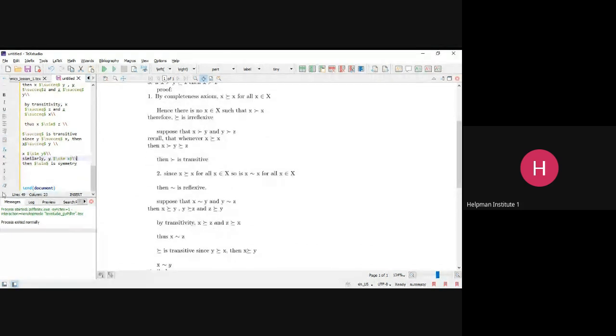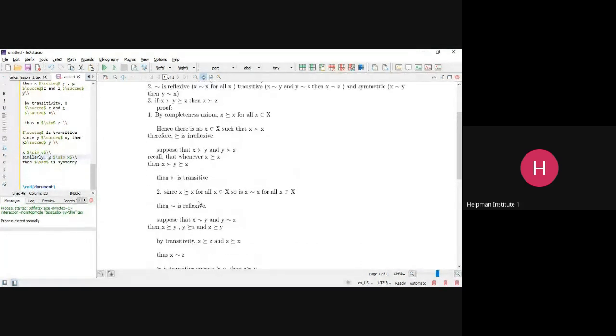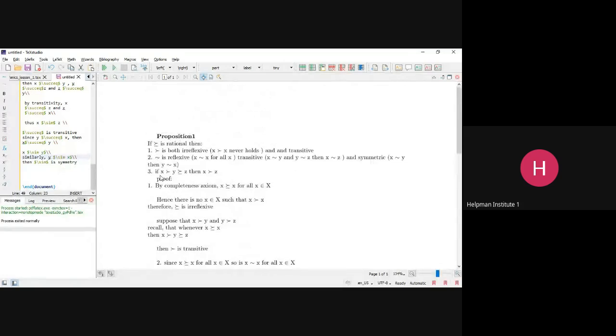So we've seen the two proofs. The third proof is left as an exercise. Okay, so I just put it there. So the third proof is left as what? Exercise.